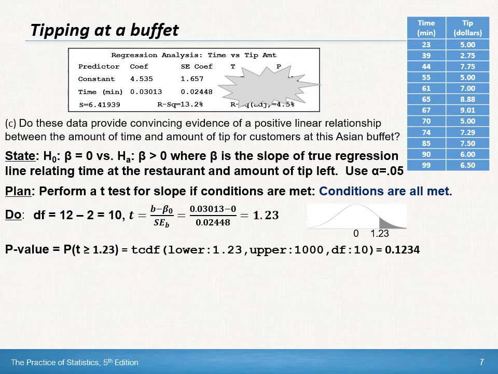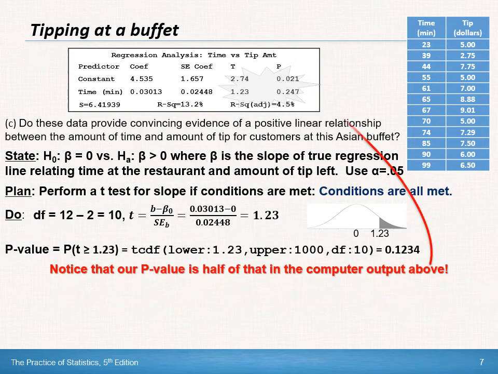All right, and then we calculate our p-value. We do a tcdf. We want to say what the lower value is, what the upper value is, 1,000, degrees of freedom of 10, and that gives us 0.1234. Notice that if we had been looking at the Minitab printout up above, our p-value is exactly 1/2 of the p-value given in the Minitab printout.